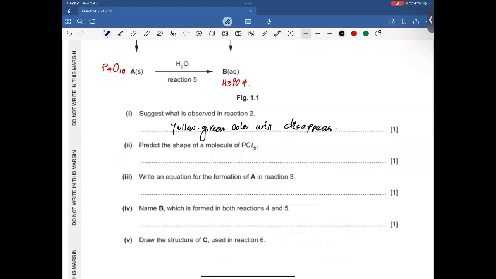We have done this in class. Its shape is trigonal bipyramidal. So trigonal bipyramidal is the shape.